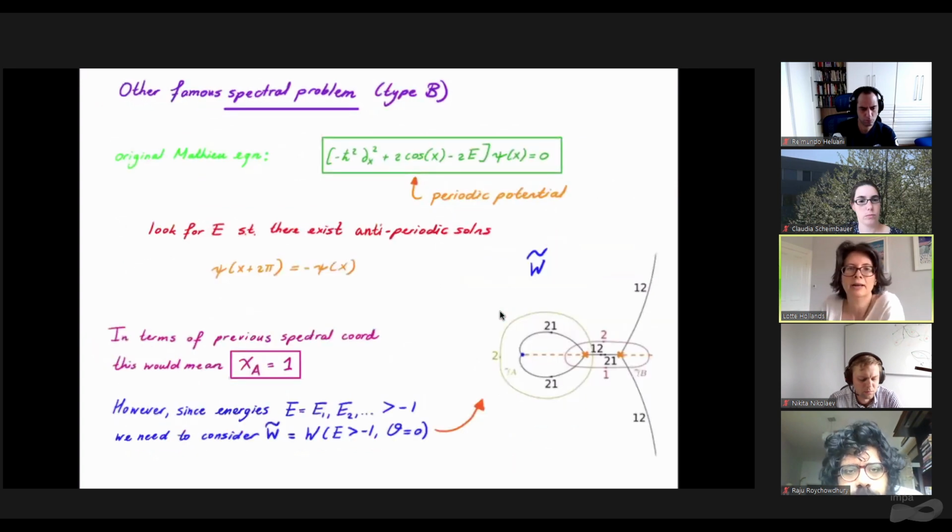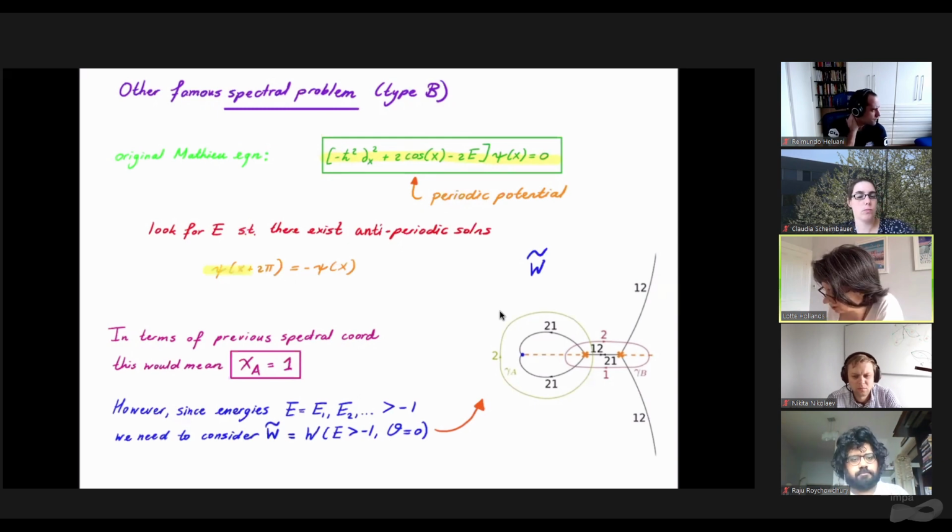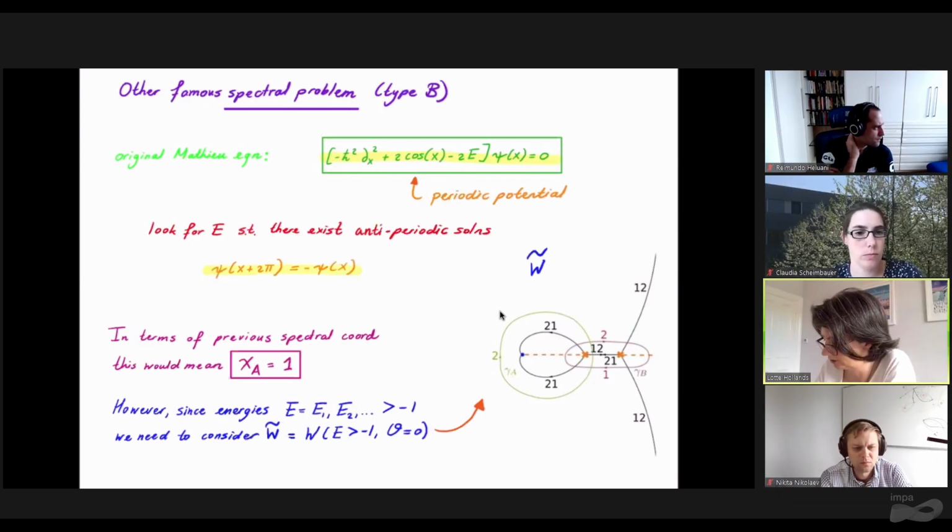There is another famous problem, which is sometimes called of type B, and that spectral problem is formulated in terms of the original Mathieu equation with periodic potential. So this spectral problem is formulated slightly differently. Here we want to look for energies E such that there exist anti-periodic solutions. You could generalize this to quasi-periodic solutions, but I've chosen this as a simple example here.